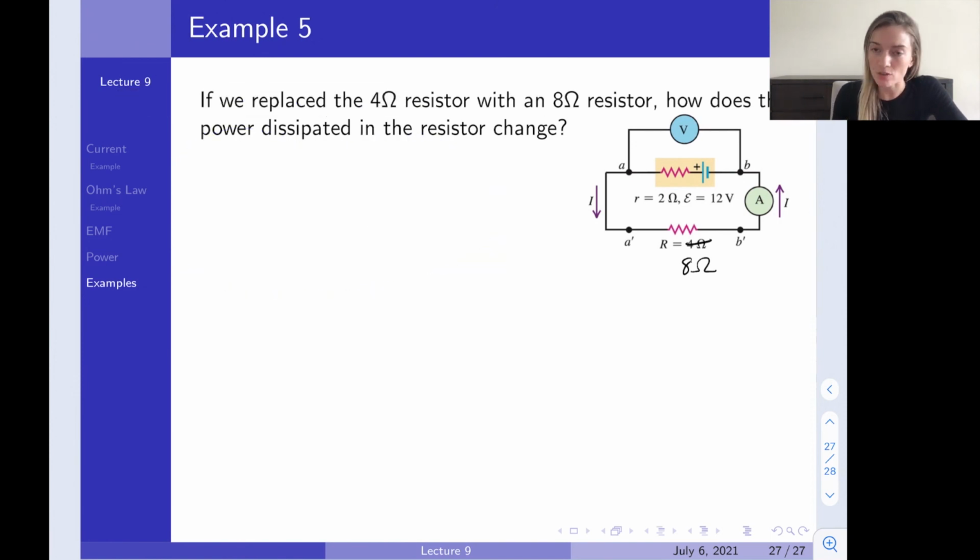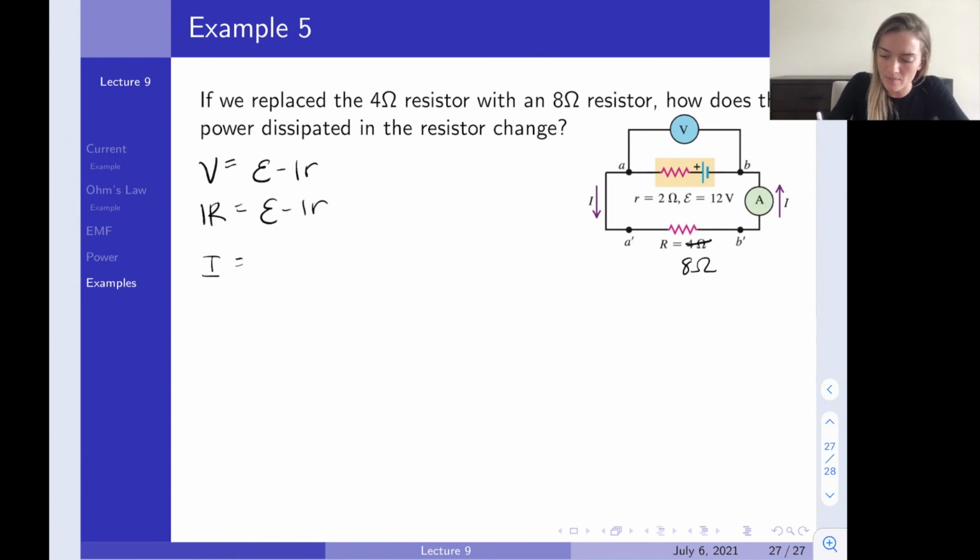So let's figure out the new current. We can do it exactly the same way we did previously, where we write V is equal to E minus I little r. This is capital IR. Then we solve for I the same way, and you end up with the same equation. Our EMF is the same, still 12 volts.